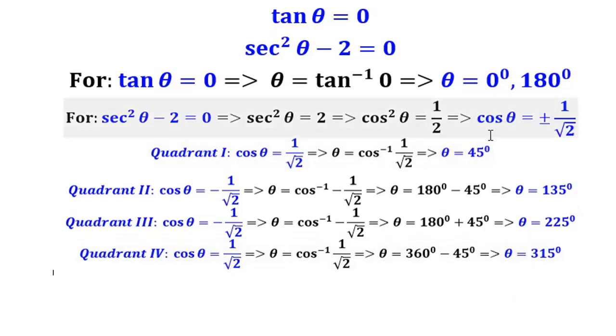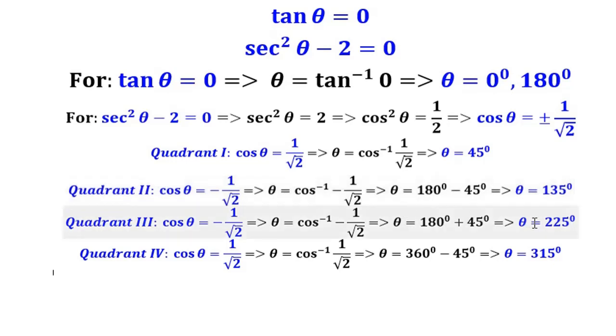So now you can see that 45 degree is the reference angle here. In the first quadrant, the reference angle is equal to the actual angle, which is 45 degree. In the second quadrant, the actual angle is 180 degree minus the reference angle, which is 45 degree.